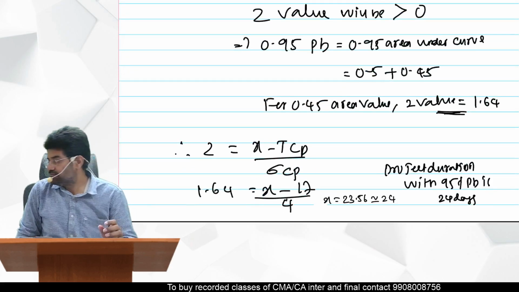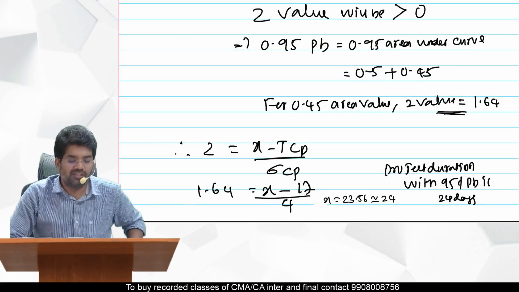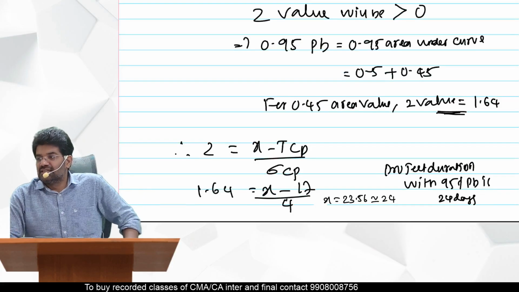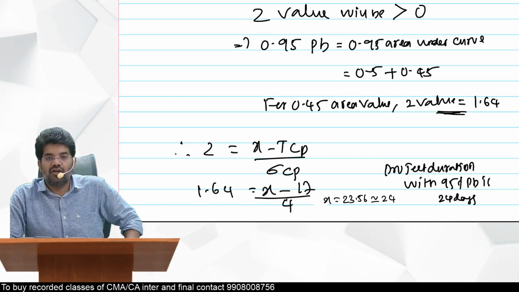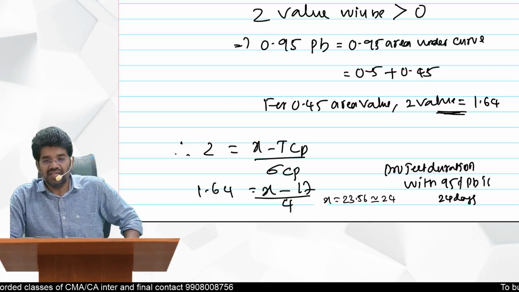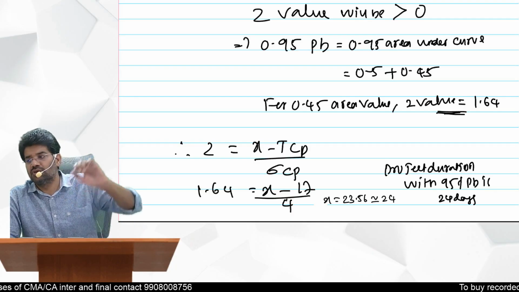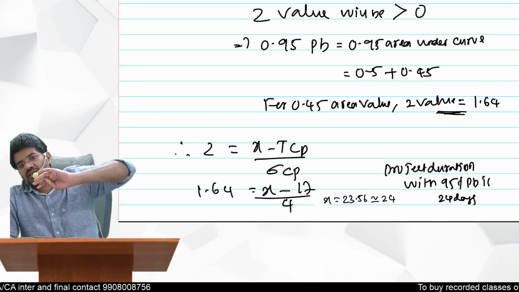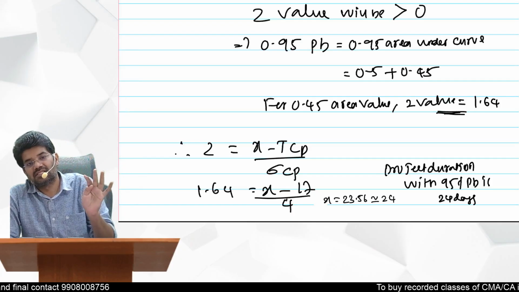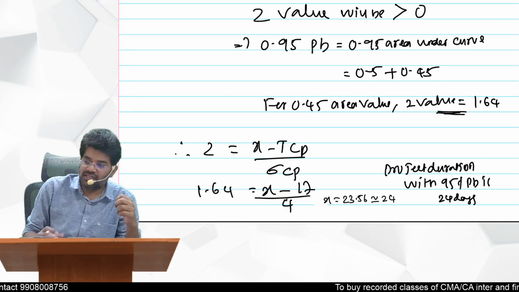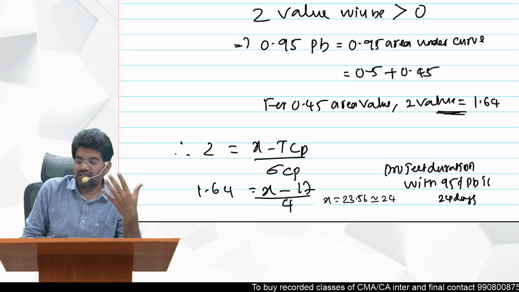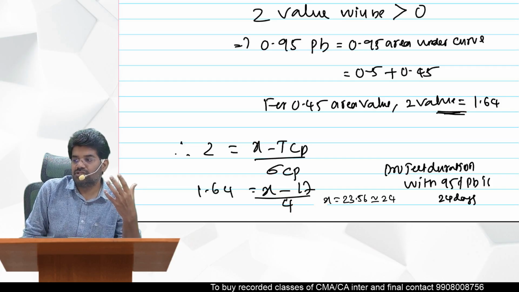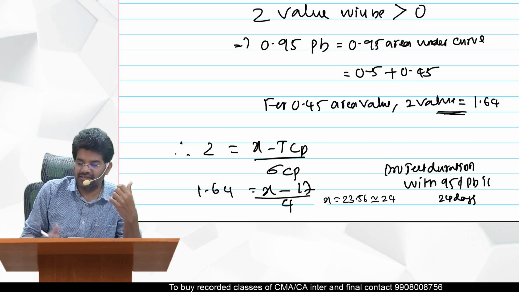The problem the majority of students face is that they fail to understand the Z value and the normal distribution table. My dear students, I told you just now, there are 4 types of tables. Generally in SFM, I teach students completely about this normal distribution table so that they will have full clarity here.